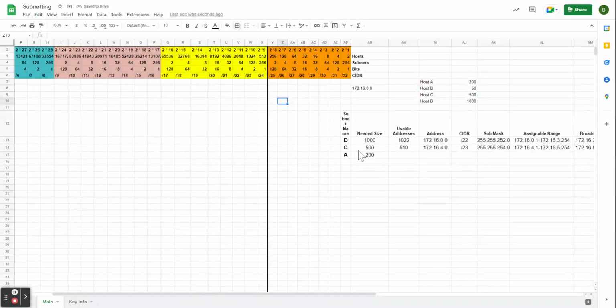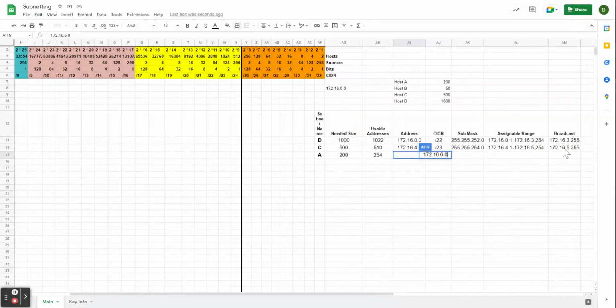In this particular one, I am going to be using a /24, and usable addresses is 254. The network address would be 172.16.6.0, one after the last broadcast address.